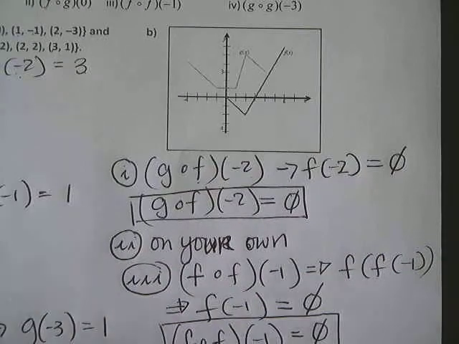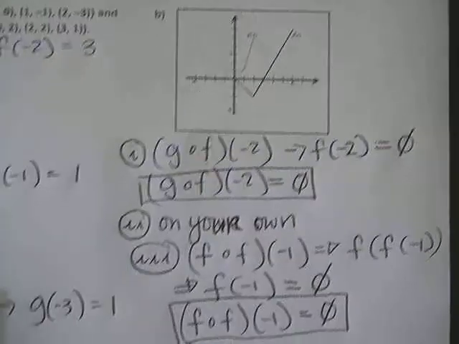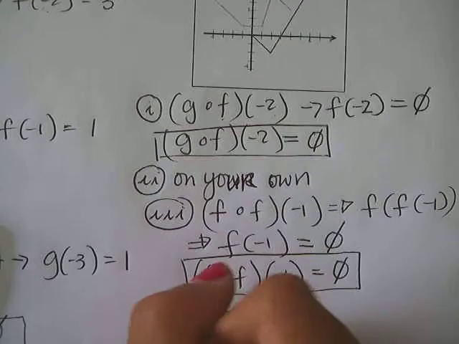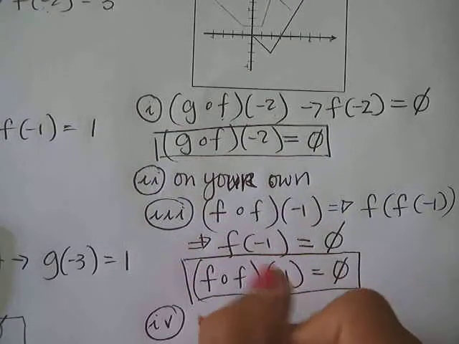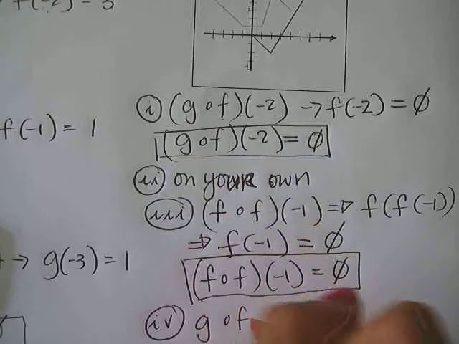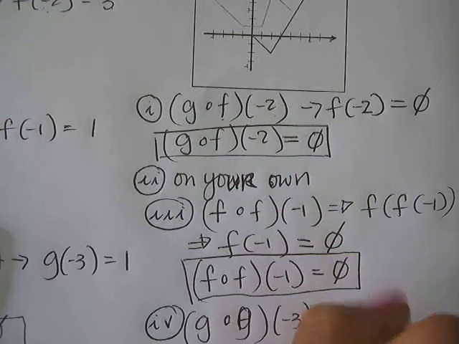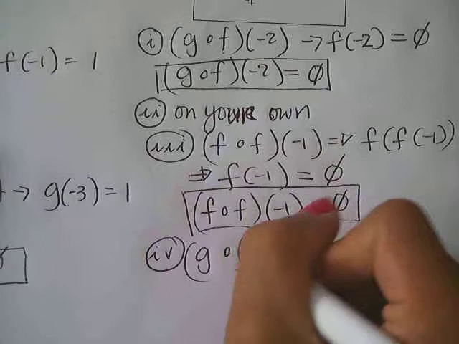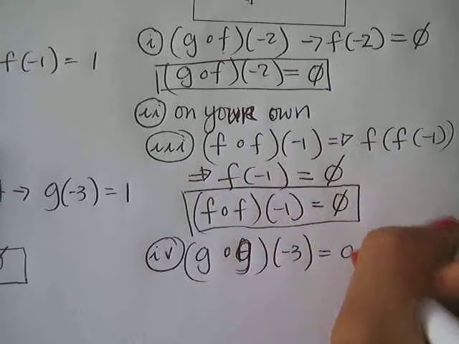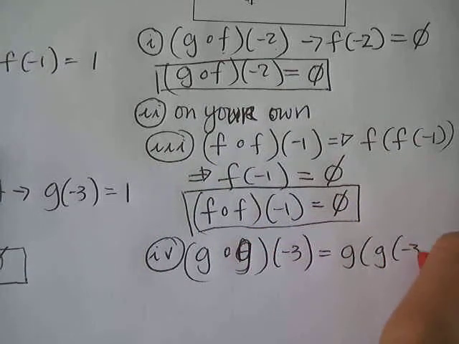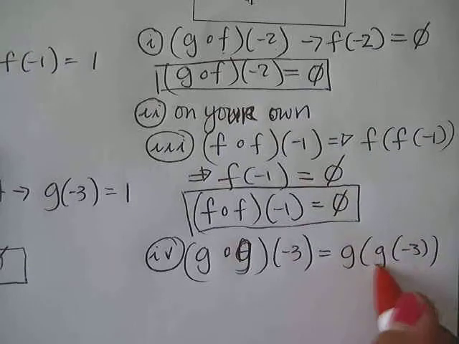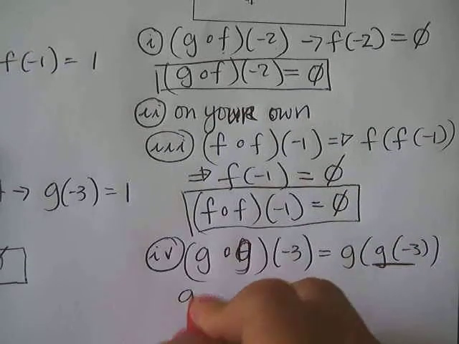Okay. All right. Then 4i says, I would like for you to find g of g of -3. So by definition it is g of g of -3. The first thing we're going to find is g of -3.